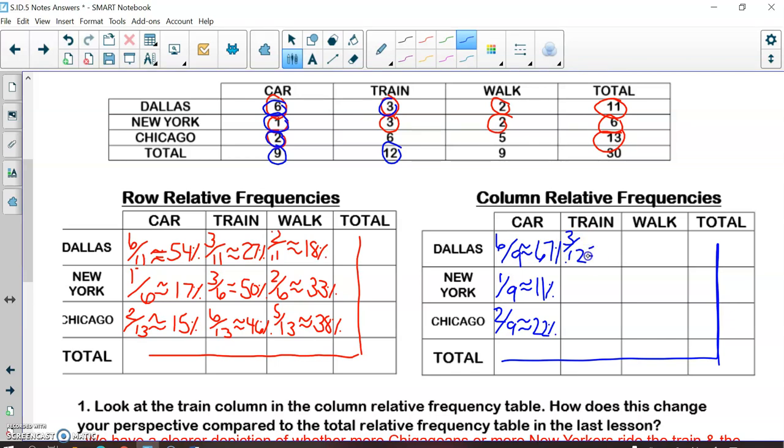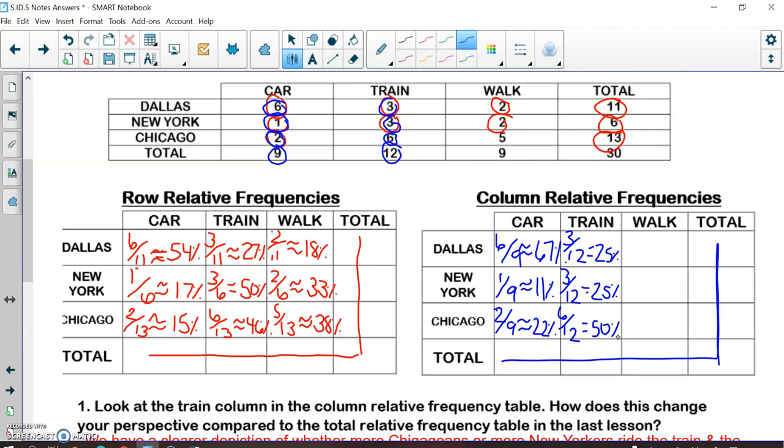So that's 25%. 3 out of 12 people were from New York. So that's also 25%. And 6 out of 12 people were from Chicago. So that's 50%.